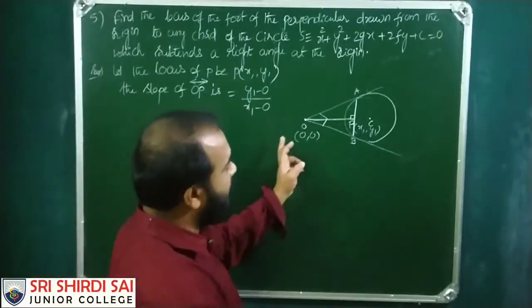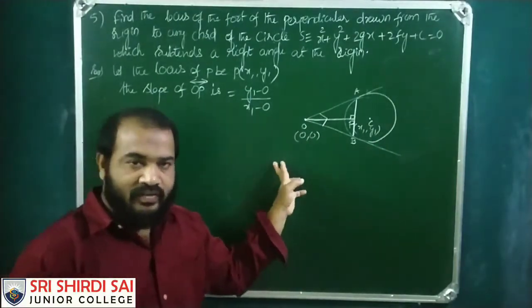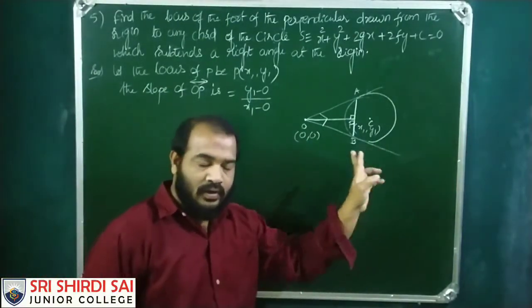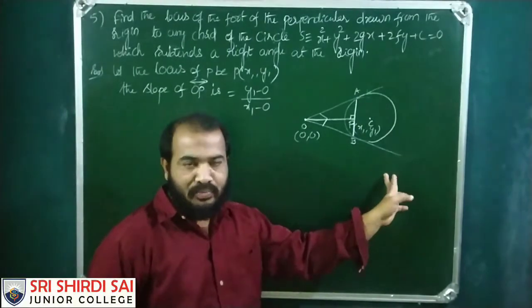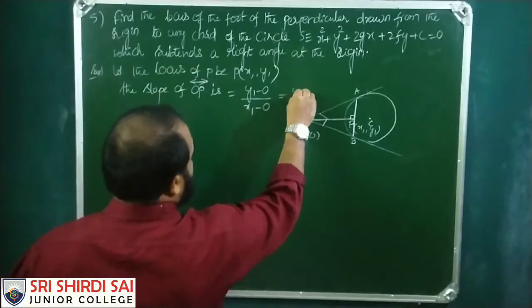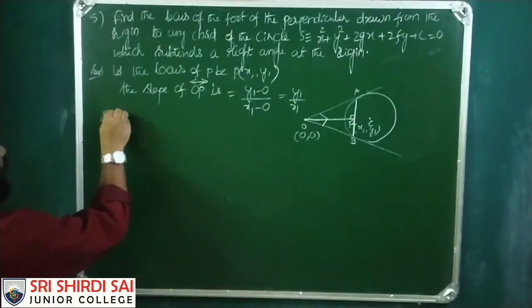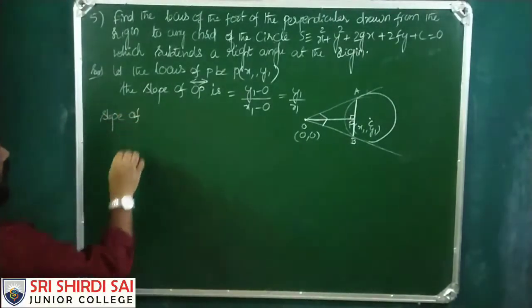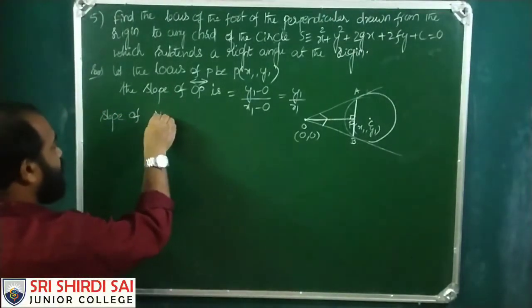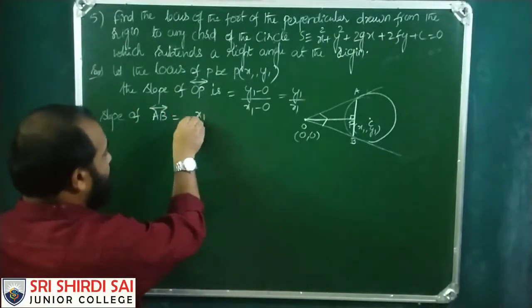The slope of the line joining the two points (x1, y1) and (x2, y2) is (y2 minus y1) by (x2 minus x1), the difference of the ordinates by the difference of the abscissa. So this is equal to y1 by x1. Then what is the slope of AB? This is equal to minus x1 by y1.